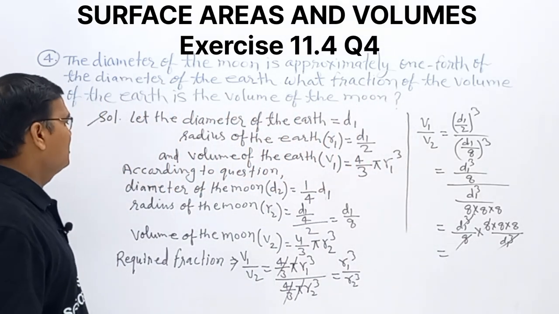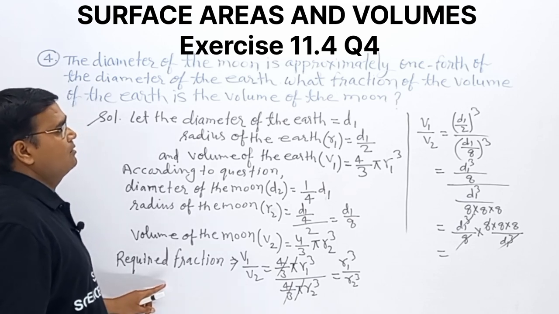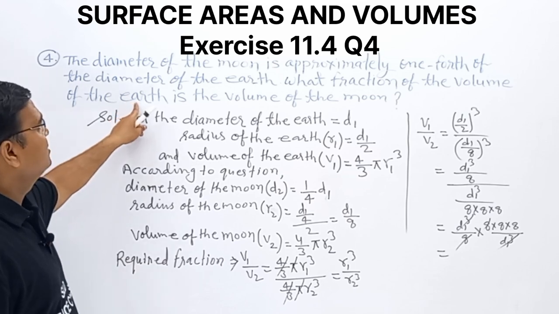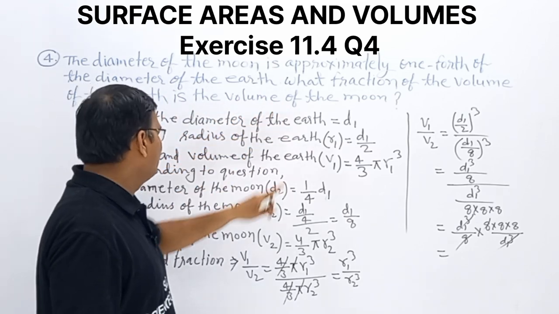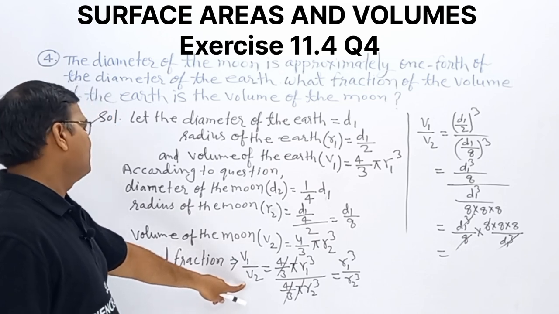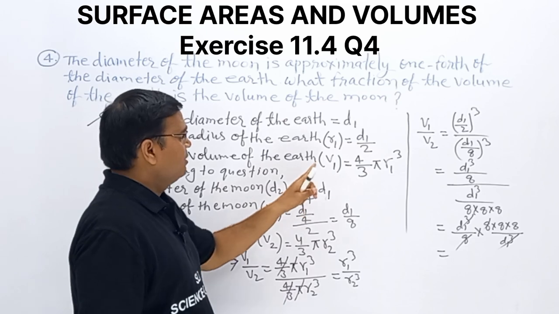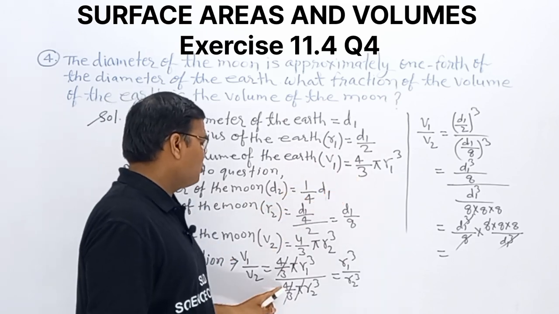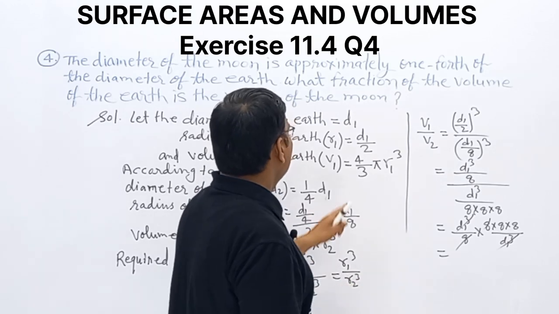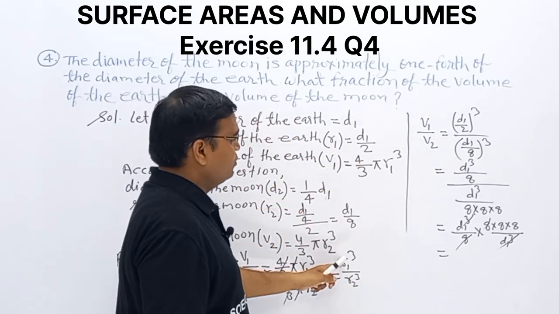Observe again. We are calculating the required ratio, the volume of the earth to the volume of the moon. So v1 equal to 4 upon 3 pi r1 cube and v2 equal to 4 upon 3 pi r2 cube. So r1 cube divided by r2 cube. r1, the radius of the earth, is d1 by 2.